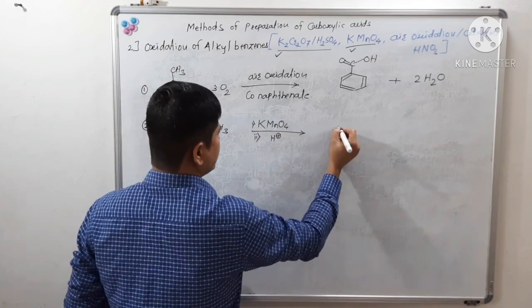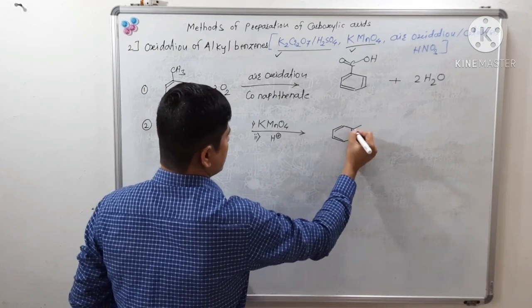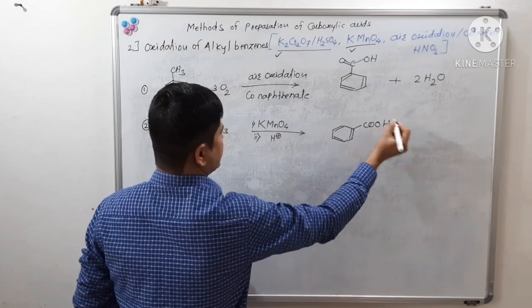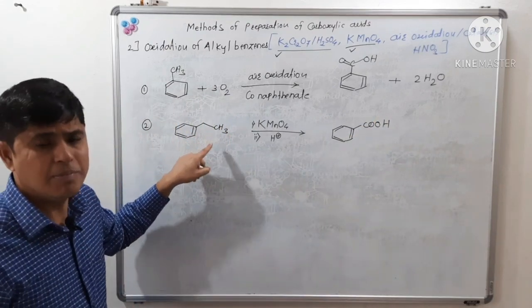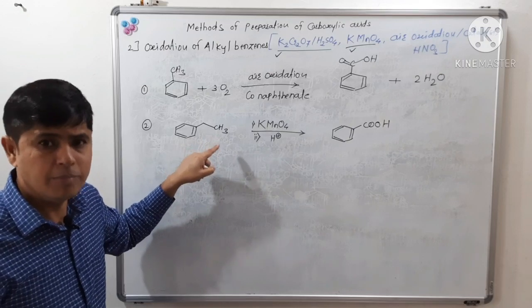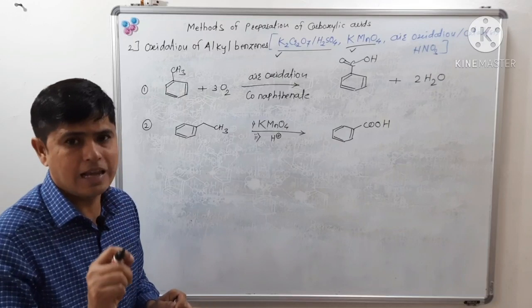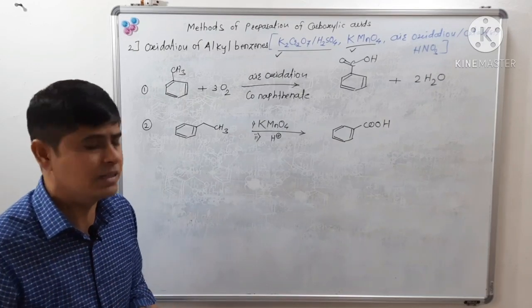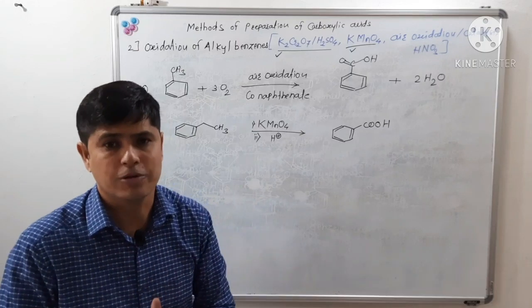So what we will get? We will get a carboxylic acid, that is benzoic acid again. So we can have ethyl benzene, propyl benzene, n-butyl benzene. Any n-alkyl benzene will give always benzoic acid as the carboxylic acid.